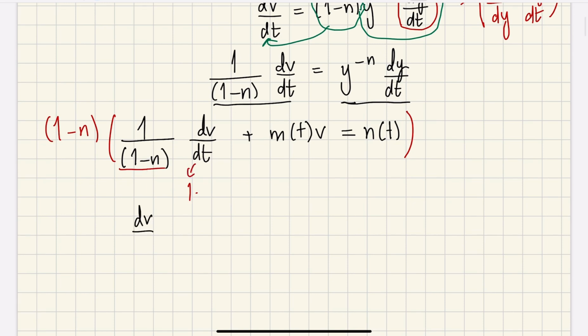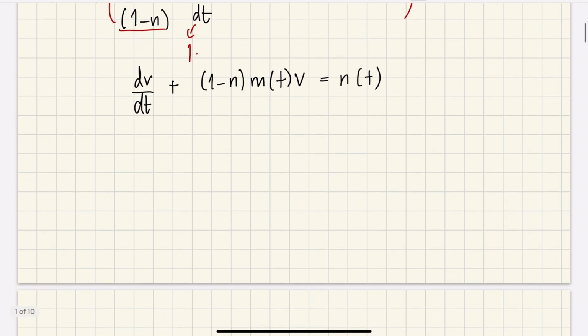Then we have dv over dt plus 1 minus n times m of t times v is equal to n of t. And there you go. Now we recognize this kind of equation. This is the first order linear equation, and now we can use integrating factors to solve this. If you guys don't know what integrating factors are, then you can check out my video on those. I just made it recently.